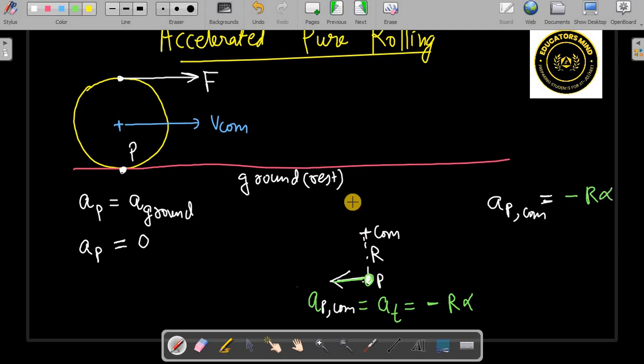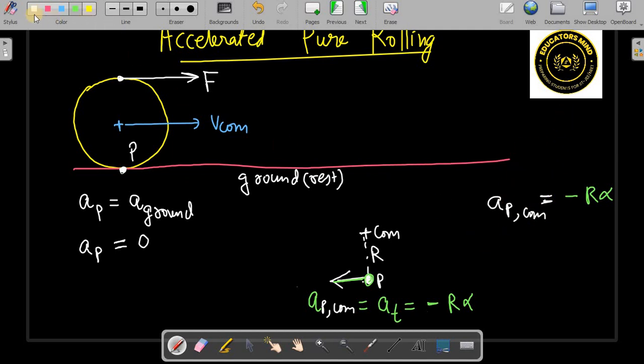Centripetal acceleration, which is of course towards the center, we are not considering here. While considering the rotation of the point P with respect to center of mass, we are only considering the tangential acceleration. Of course, the resultant acceleration of the point P will be the sum of centripetal and tangential, but let us consider this as the tangential acceleration.